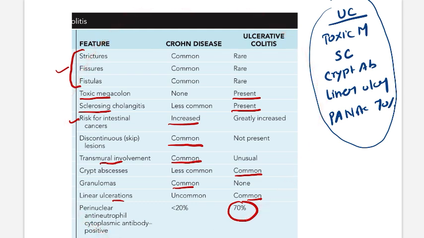So this was an exhaustive discussion of ulcerative colitis and Crohn's disease, which are part of the inflammatory bowel disease spectrum. Take a breath and go through this video again and try to remember and understand. You will get the knack of it, and this will be good for you.